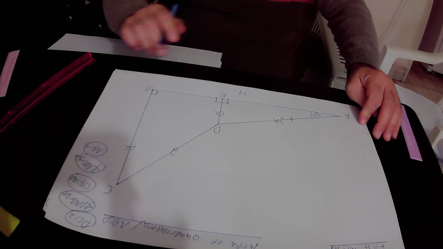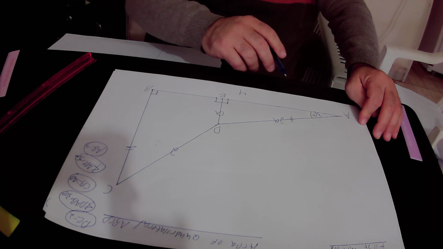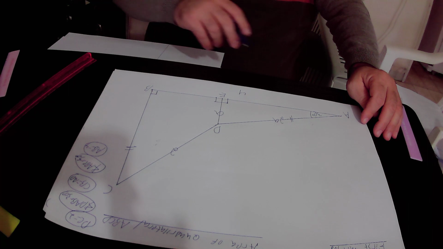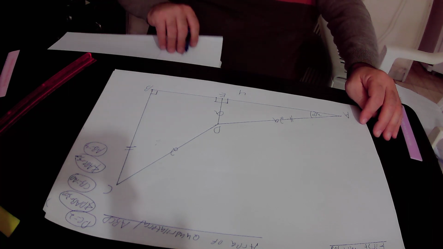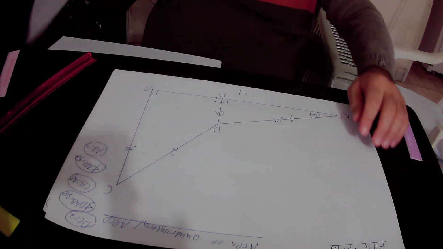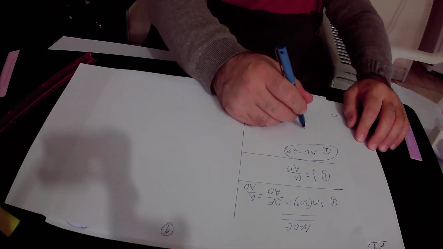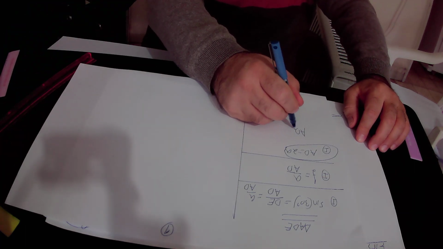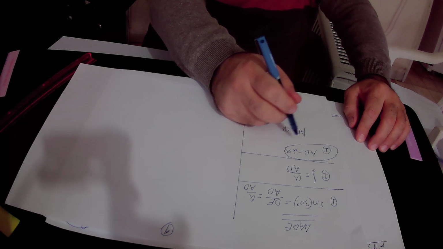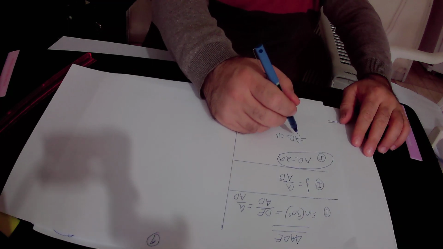But according to what is given in the question, we know that AD equals CB. CB equals AD. It is given in the question that AD equals CB. And we found out that AD equals 2A.